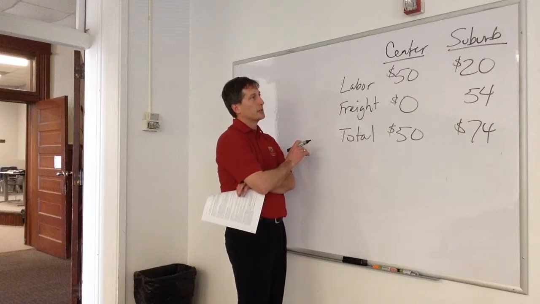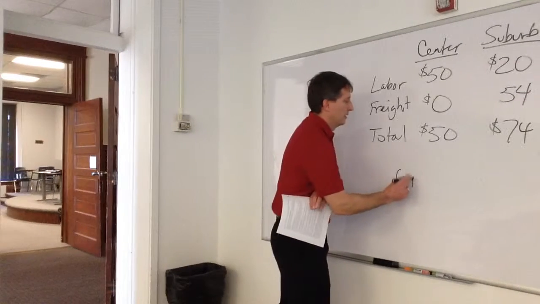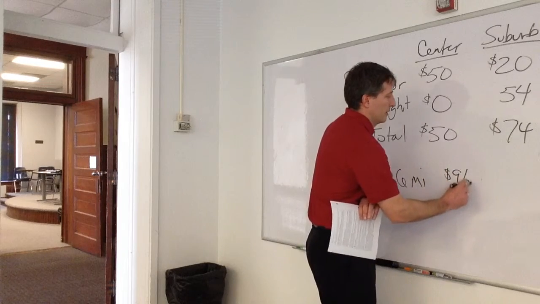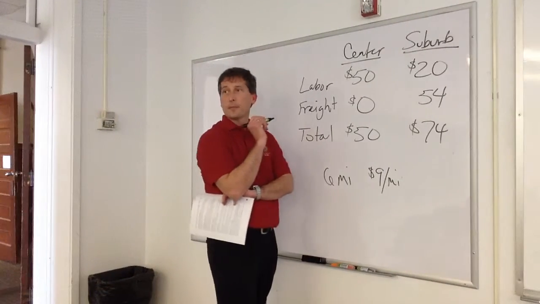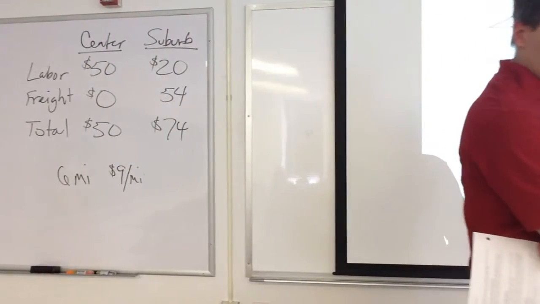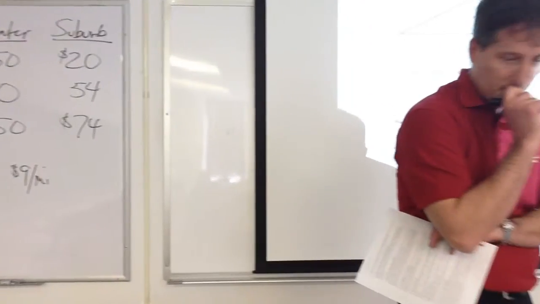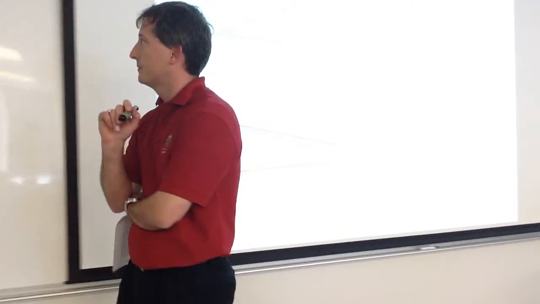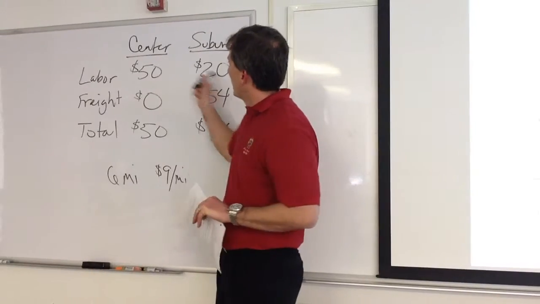You don't have any reason to, because we've got the 6 mile distance. How do you know it was 6 miles? It's given in the problem. Oh, it's in words. Yep, then it doesn't jump out. And then it goes from 20 to 50 with the labor cost.